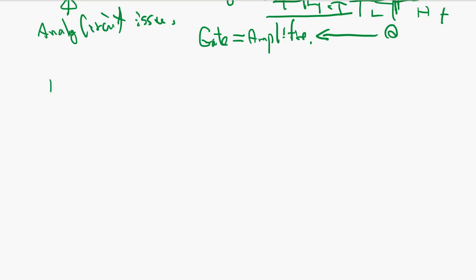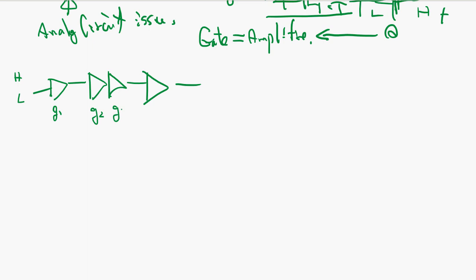When you have gates cascaded and the signal is kind of not high, not low, the gain is at its highest for this digital circuit amplifier.